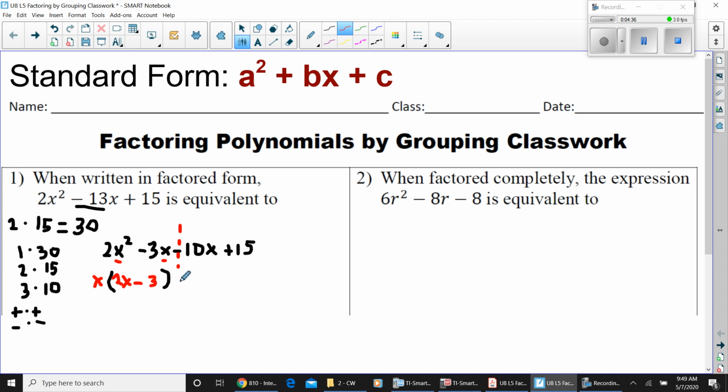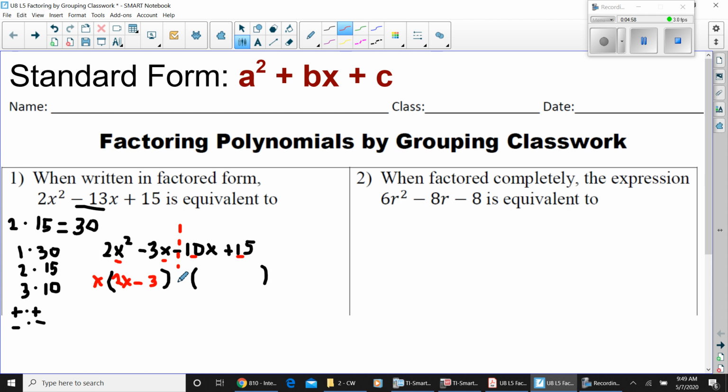Then I take the second half, and I'm going to get the greatest common factor and put my parentheses down. So the greatest common factor of 10 and 15 is 5.